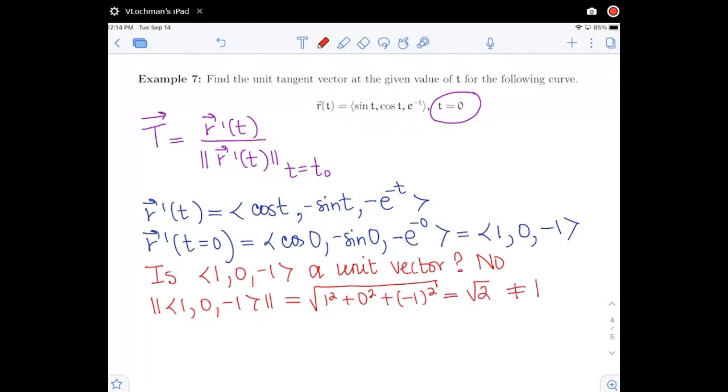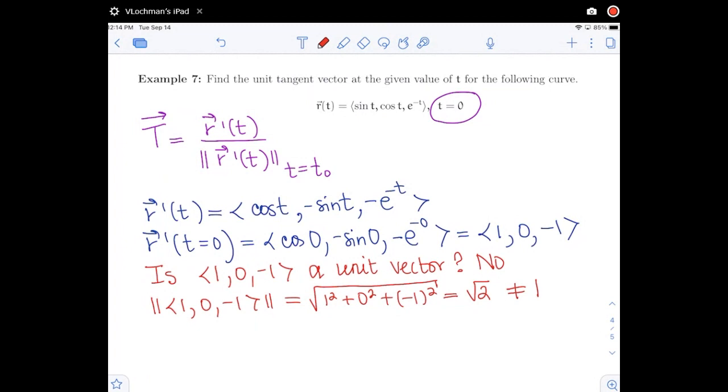And that is one of the common mistakes in this class that I see very often. You see a vector with just ones and 0 as components, and you say, oh, yeah, that's a unit vector, but not quite. It is only a unit vector if one of the components is 1 and everything else is 0. But as soon as you have any other component, 1 or -1, it's no longer a unit vector.